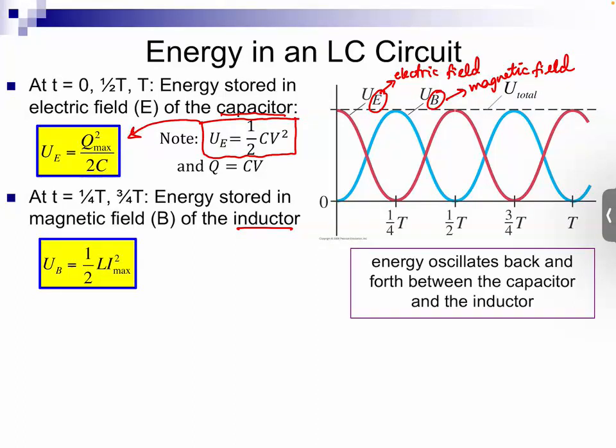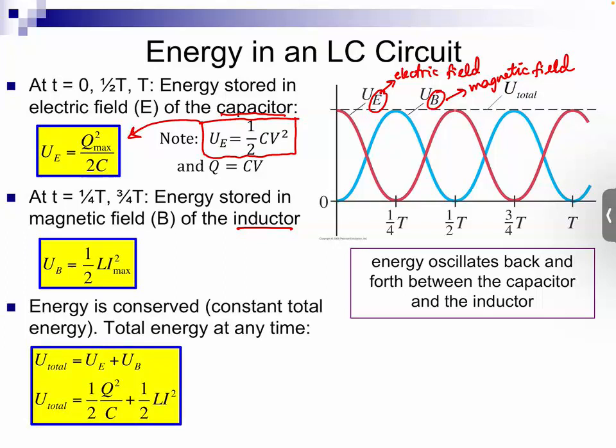Right, so the energy oscillates back and forth between the capacitor and the inductor, but still remember, energy is always conserved. So if we add up these two energies, the total energy in your system should be the sum of the energy in your capacitor plus the energy in your inductor. Of course, when one is maximum, the other should be 0. And if one is 0, the other is maximum to conserve energy.